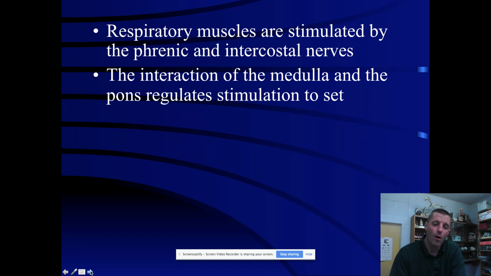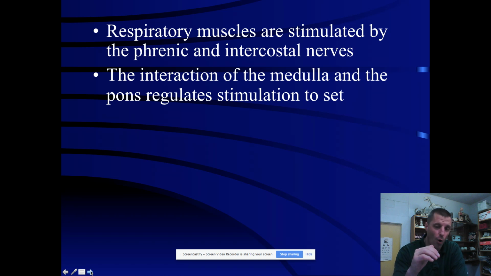Now, our breathing is one of those things that's kind of unique in that we can control it, but it has a normal rhythm without us controlling it. So the tidal volume is basically involuntary.